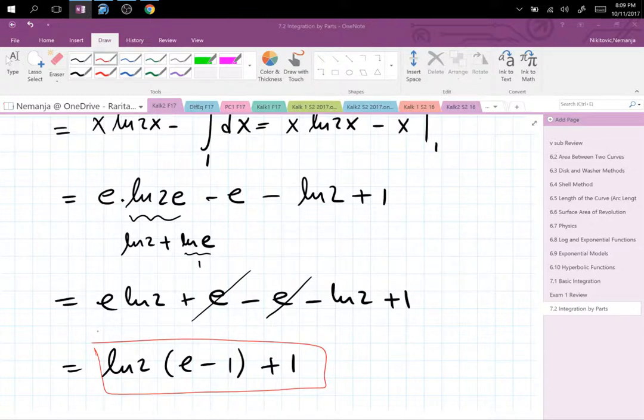And that takes care of that. So now you have e ln 2 plus e minus ln 2 plus 1. The e's go away, so you factor out ln 2, you have e minus 1 and then plus 1. And that's it.